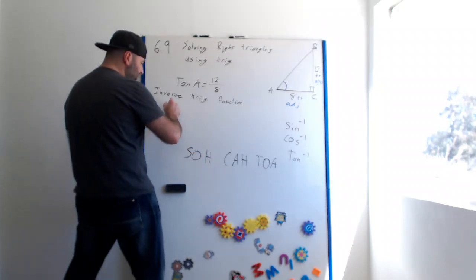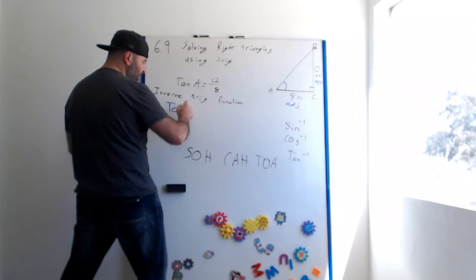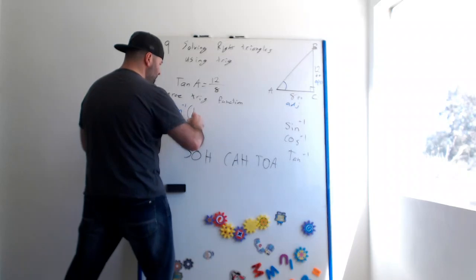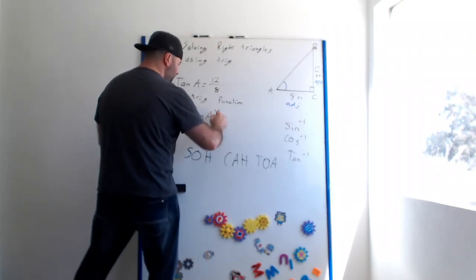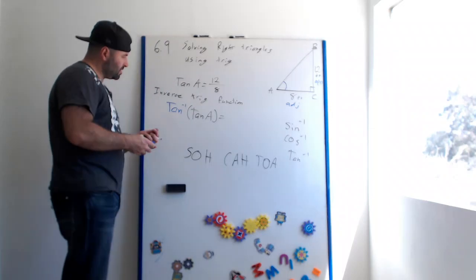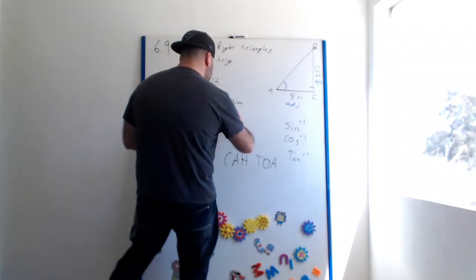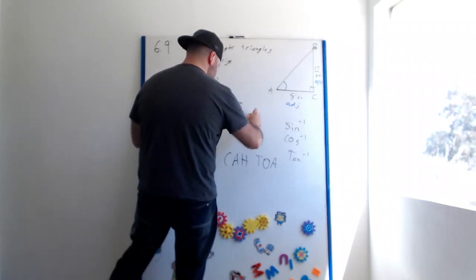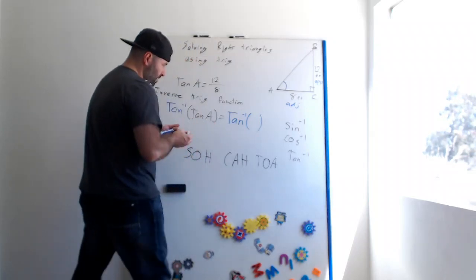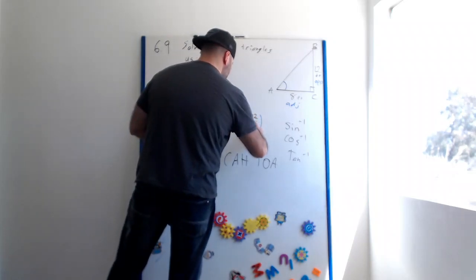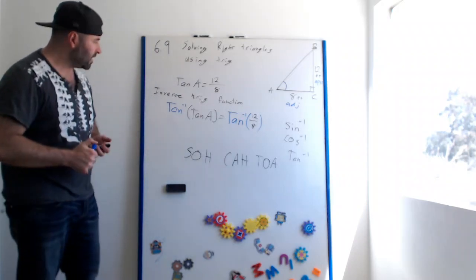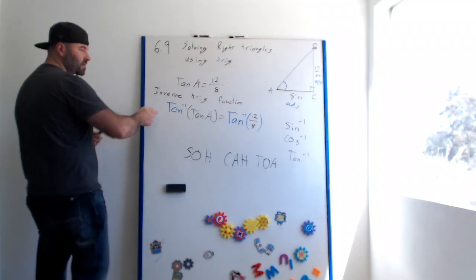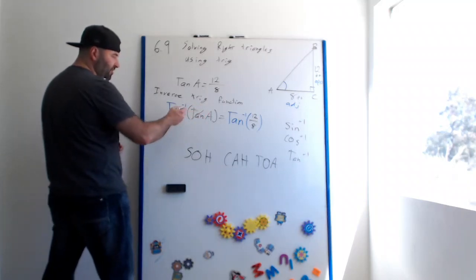So what we do is this. We hit it with the inverse trig function. And what ends up happening on this left-hand side is that the inverse trig function will cancel out the normal trig function.